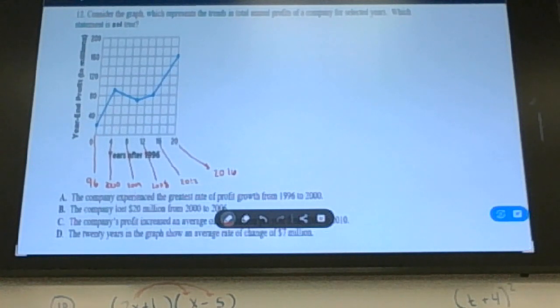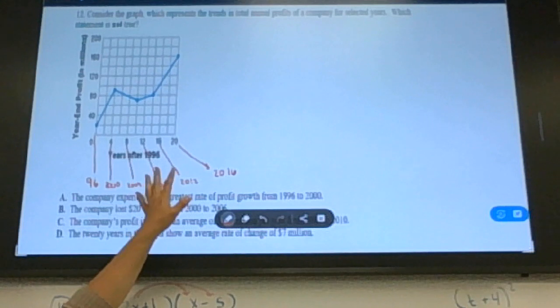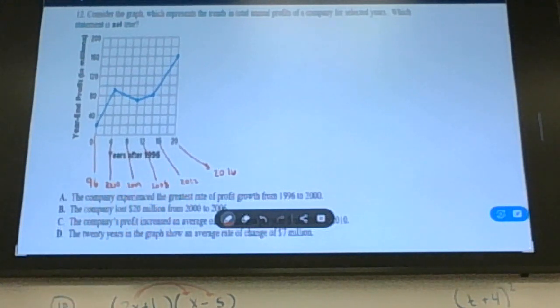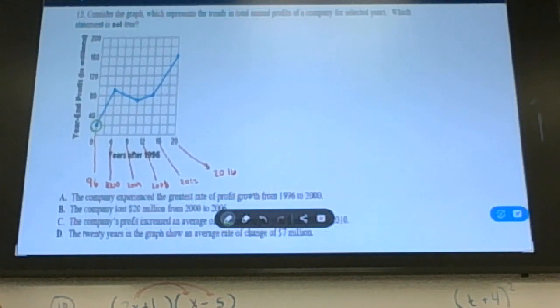So it's a 20-year period. It starts at 96 and it goes to 2016. That helps me understand a little bit when I rewrite the years like that. The company experienced the greatest rate of growth between 96 to 2000. So here's 1996.